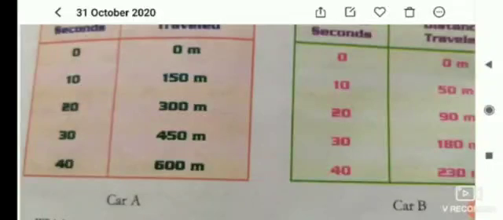For the first 10 seconds it is 50 meters. For the second 10 seconds it is 40 meters. For the third 10 seconds it is 90 meters. And for the fourth 10 seconds it is 50 meters. Thus, the motion of car A is uniform and the motion of car B is non-uniform.